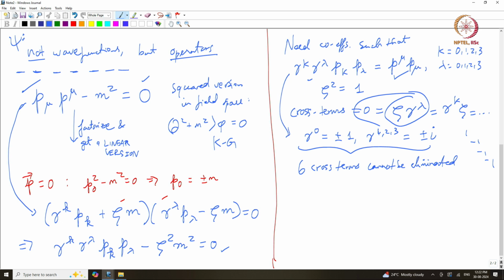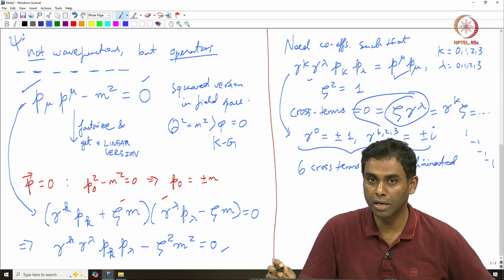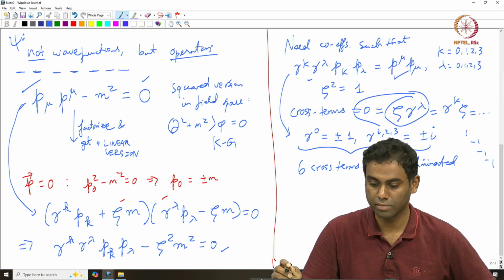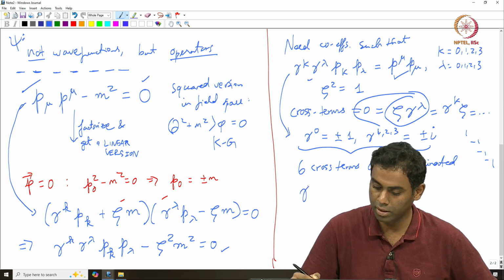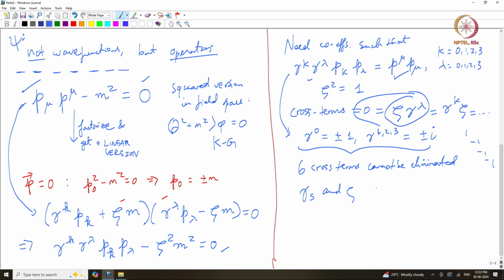So, this is where Dirac's genius came. He said we should not think of the gammas and the zeta as numbers, let us imagine that they are actually matrices, okay. Let us call the gammas and zeta matrices, okay, and then let us see if we can work out the properties of these matrices, okay.